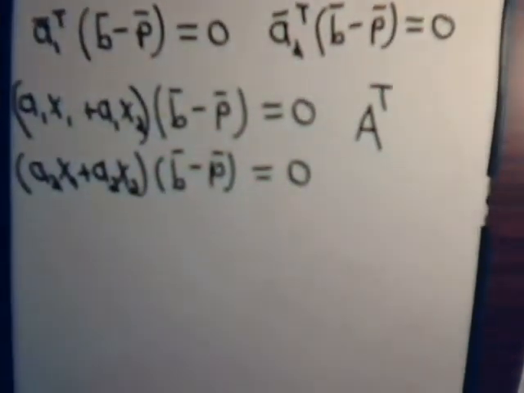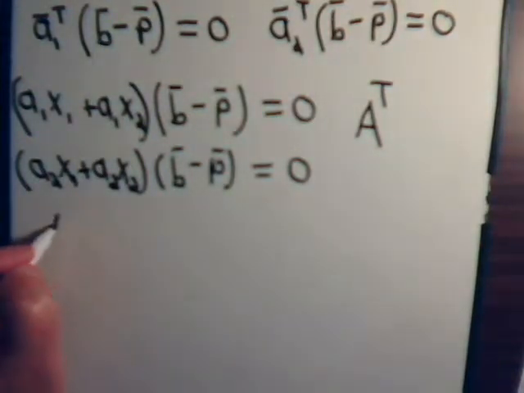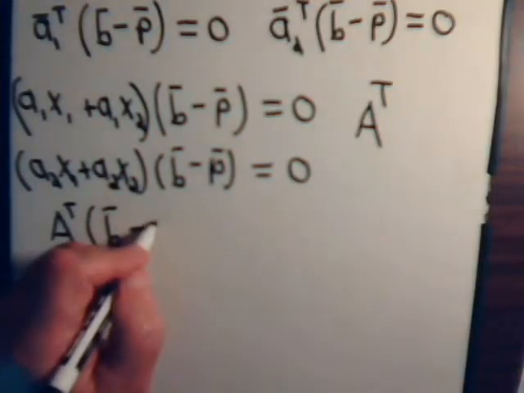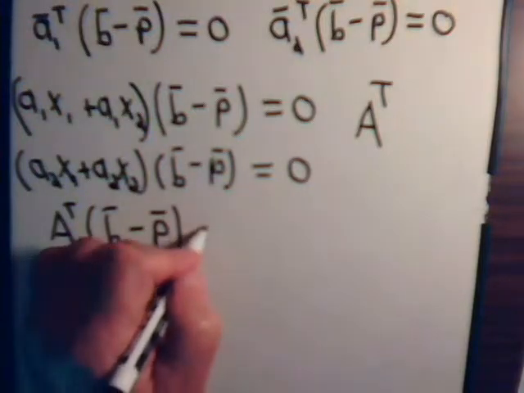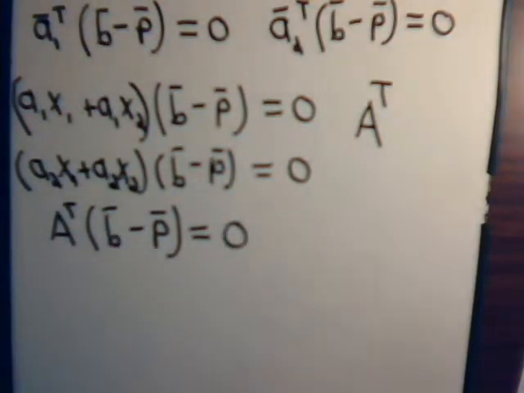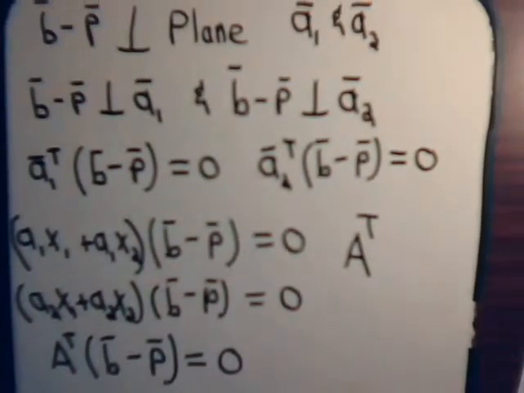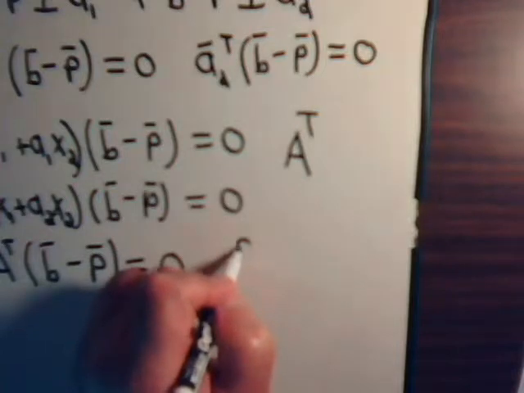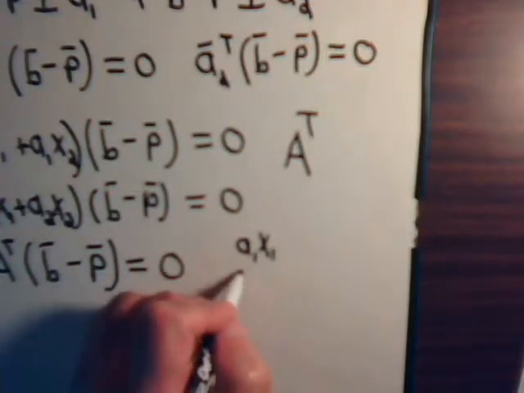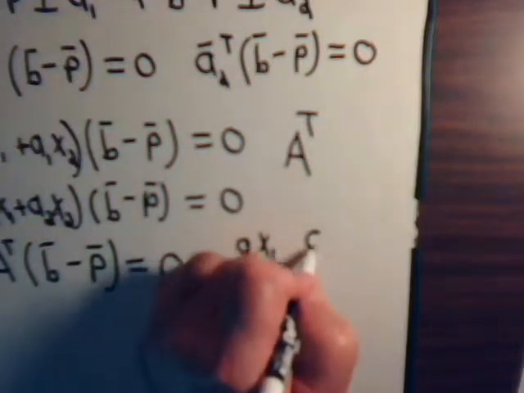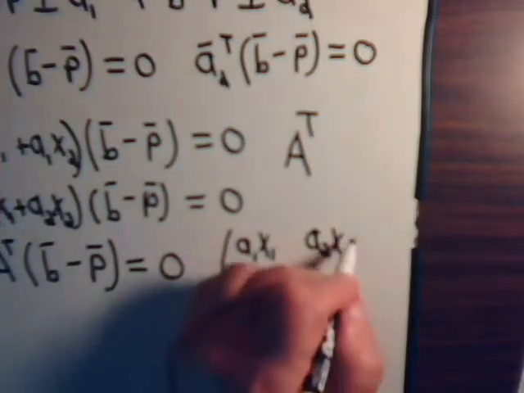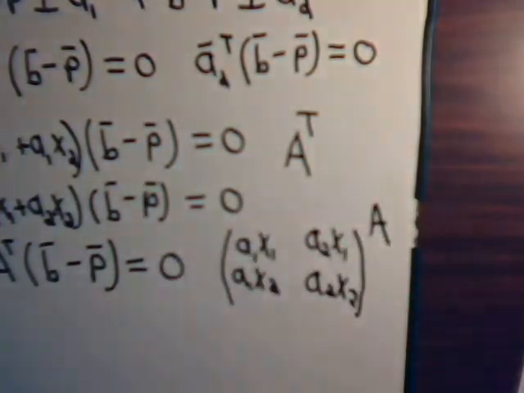So we can write this as one equation, simply A transpose times (B minus P) equals 0. And remember, our vector A is comprised from A1 and A2, those two vectors. That is our matrix A.